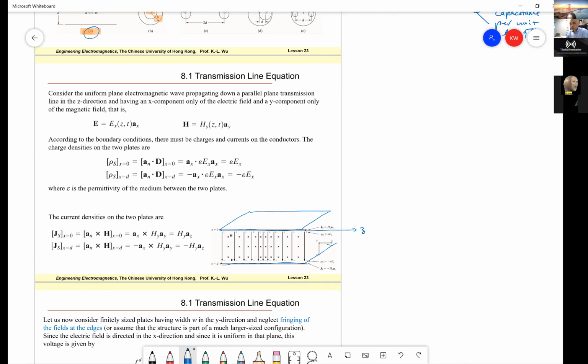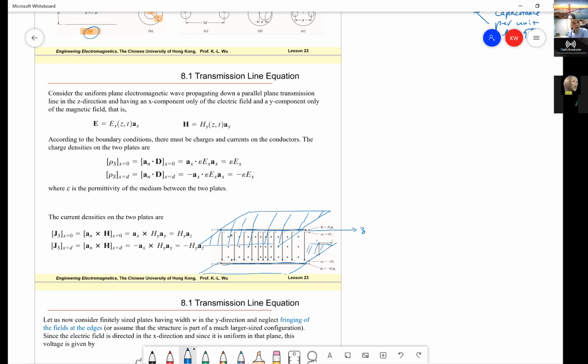Then such conducting plate also has a certain thickness. So if I cut the line from the middle, we can see the electric field and the magnetic field. Okay.